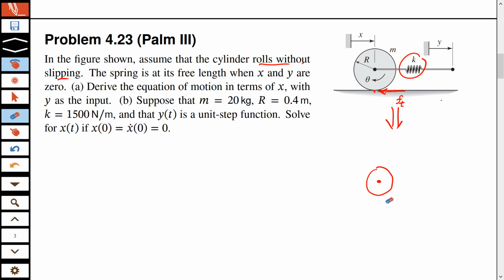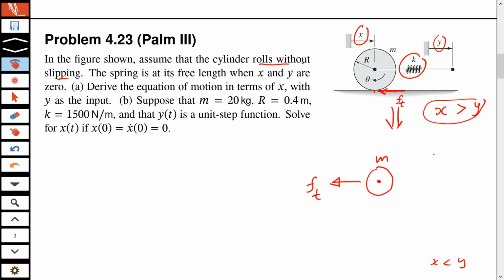Maybe for the free body diagram we can imagine that force to be applied like this. Yeah, you can choose your free body diagram to be like that, and depending on what you assume for y and x, since you don't know the value of y and x, you can either assume x greater than y, or you can assume x less than y. In both cases you will see different results.